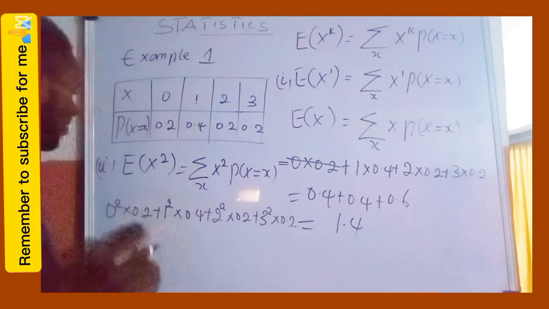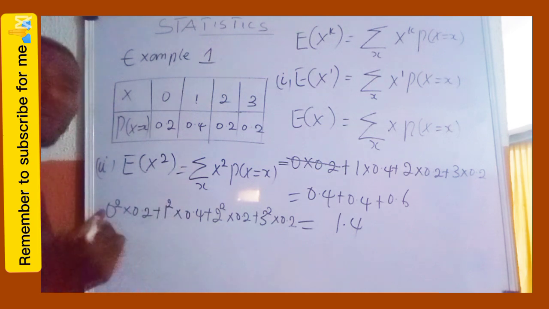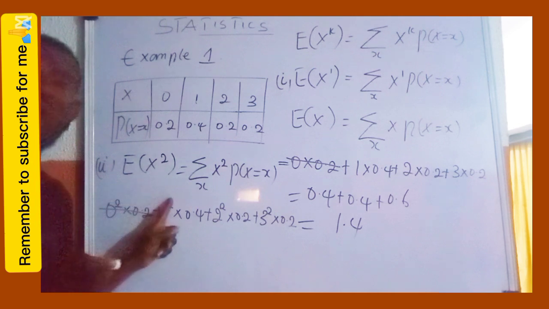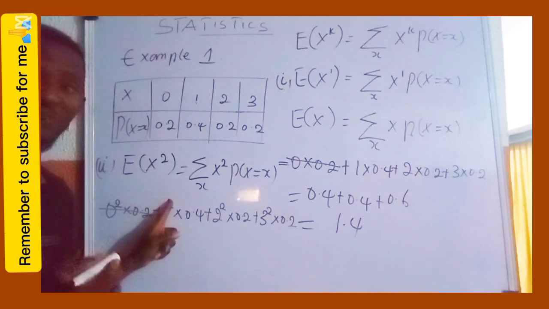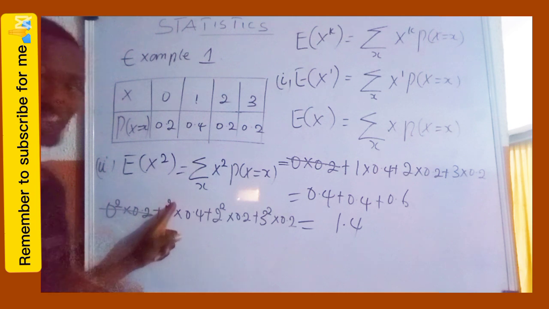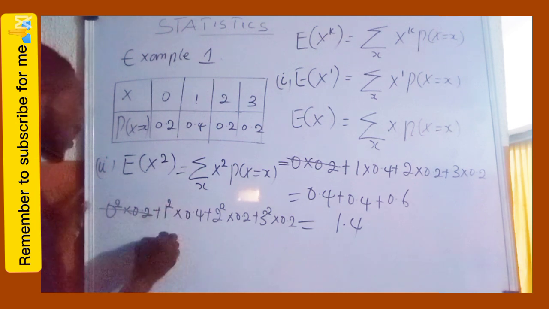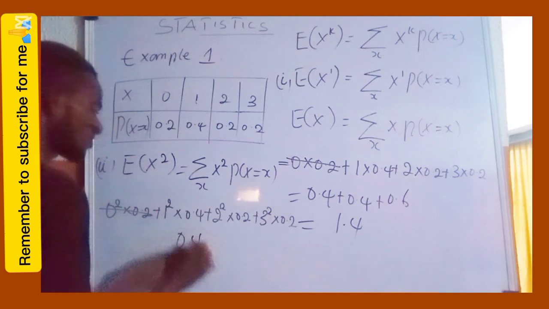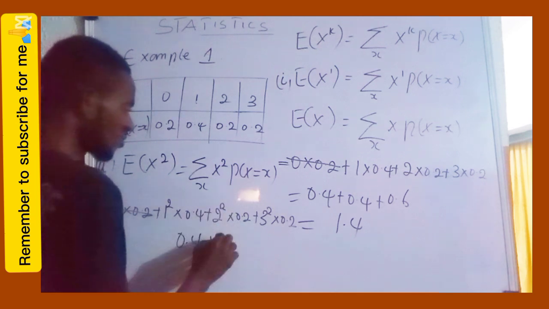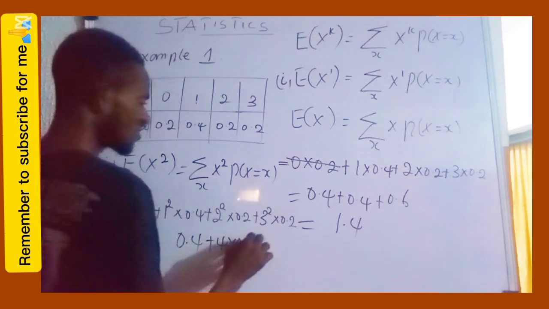Okay? So what we are going to do here is: 0 raised to power 2 is 0. 0 multiplied by anything is gone. 1 raised to power 2 is 1, because 1 raised to power 2 means 1 times 1, and 1 times 1 is 1. Multiplying by 0.4 will equally give me 0.4. So plus, 2 raised to power 2 will give you 4, multiplied by 0.2.